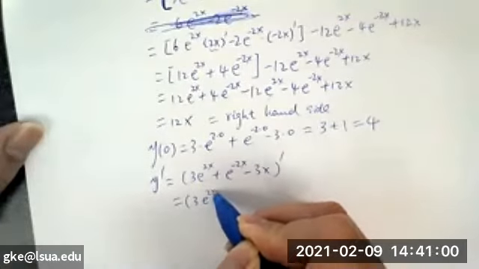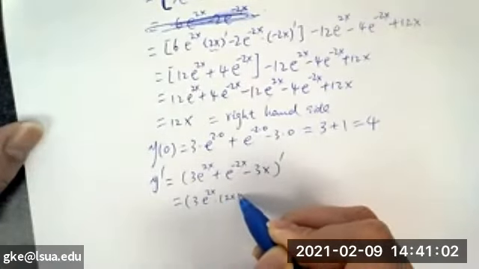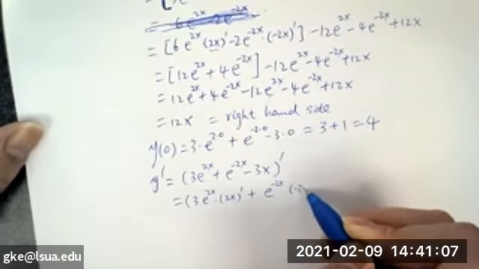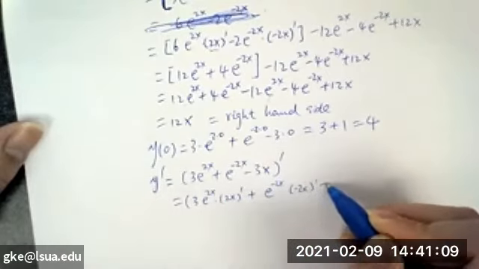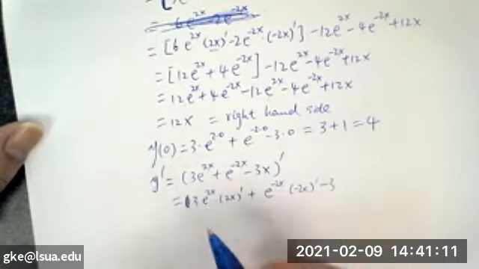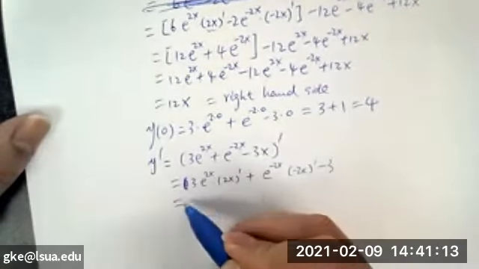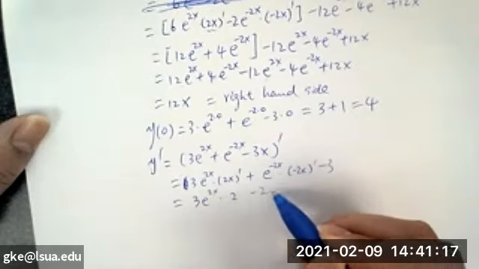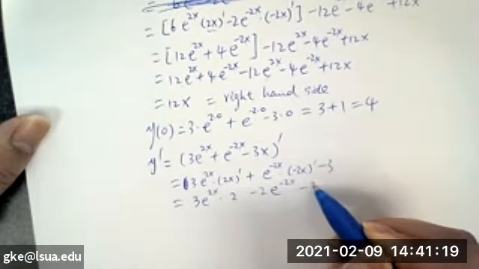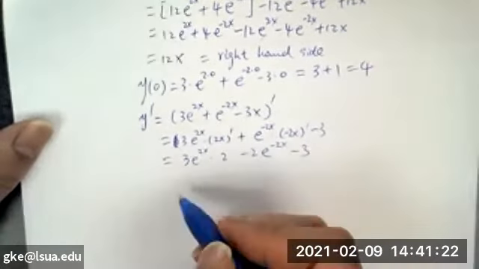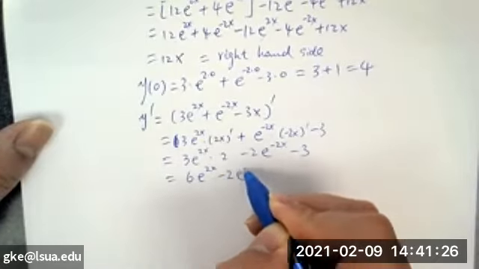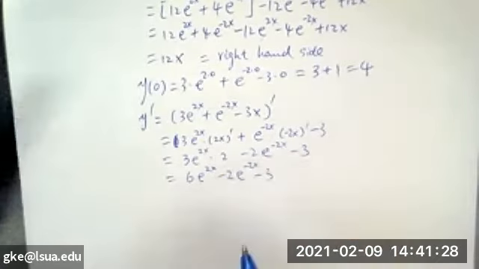Derivative of the first term, derivative of the second term, derivative of the third term, okay? And we have 3e^x, that is 2, that is -2. And it should be 6e to the power 2x, -2e to the power -2x, -3.